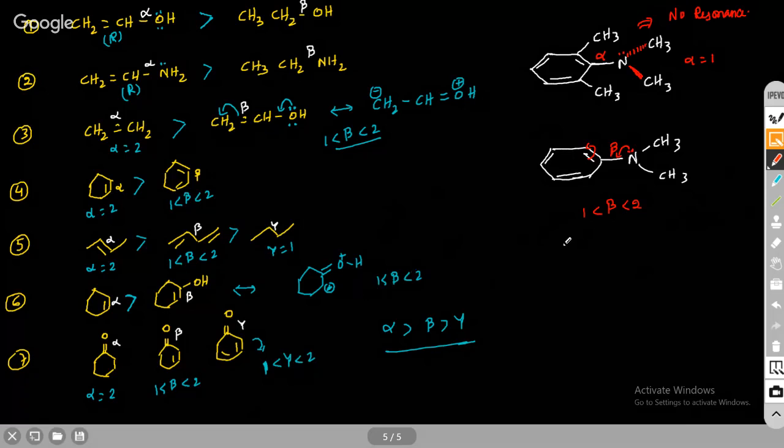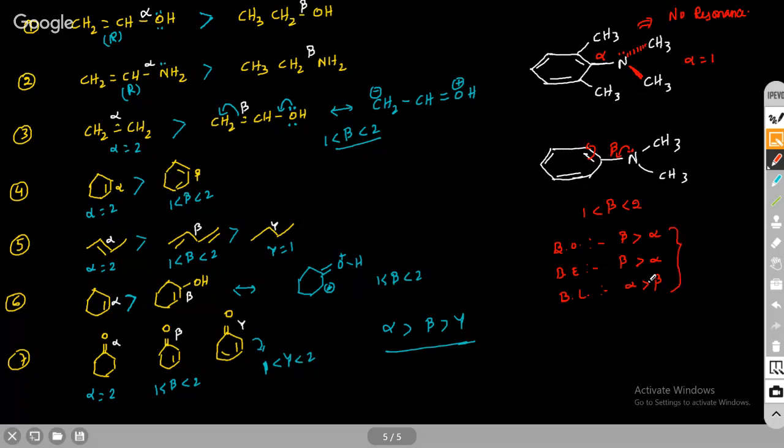So that is why the bond order of beta is more than alpha. Bond energy of beta is more than alpha, and bond length of alpha is more than beta. This is the order.